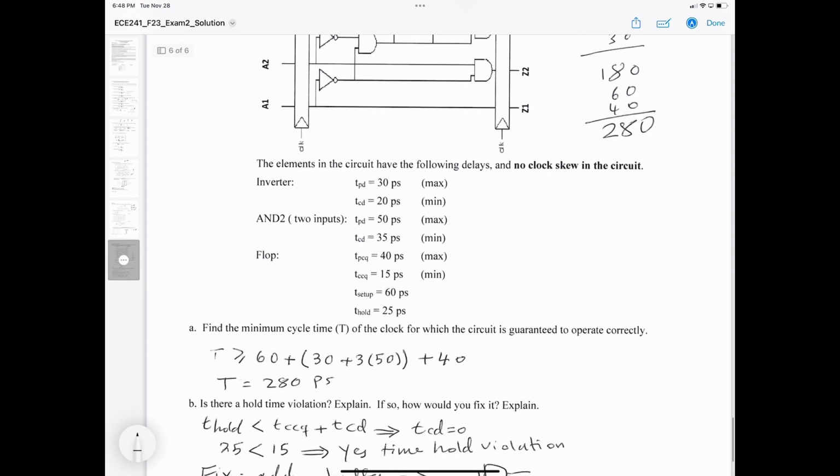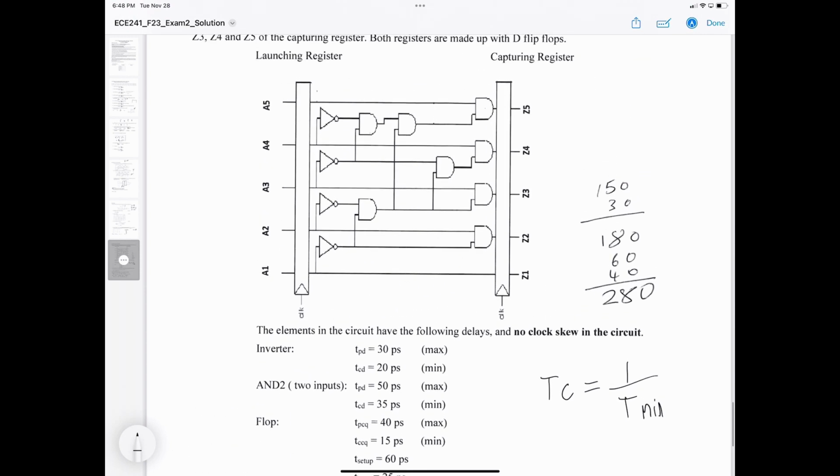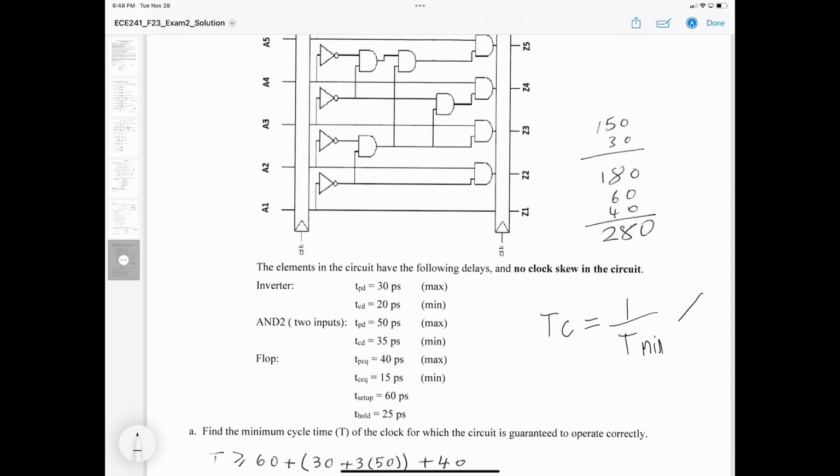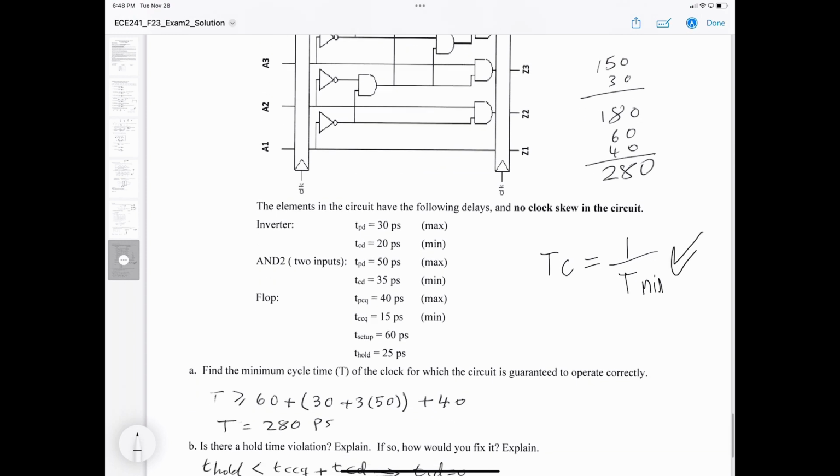Alright, how do you do this? Well, despite the question asking to find the minimum cycle time, which confused me, TC, this formula, is equal to 1 over T minimum, which is the minimum cycle time. No matter what the question is, when it says minimum cycle time, it's referring to the picoseconds when you're calculating the maximum frequency for the circuit.